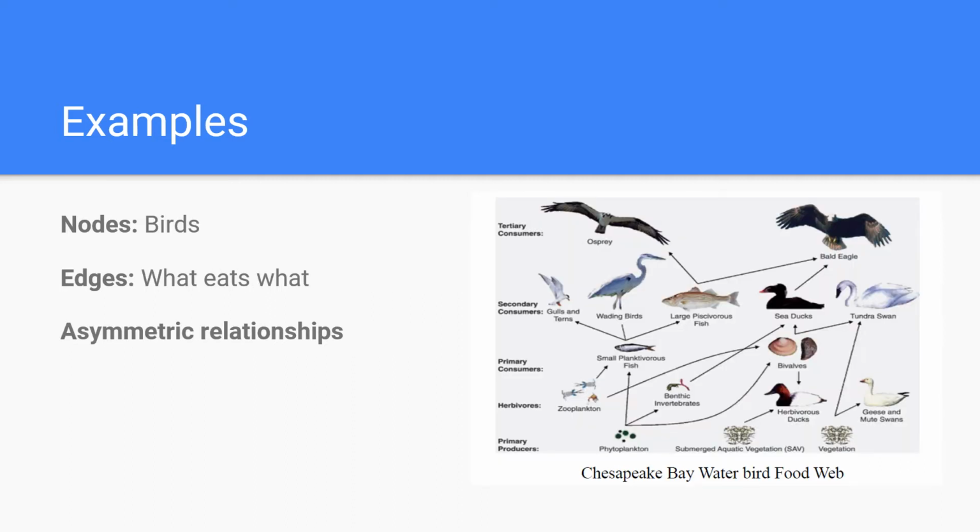Now, another kind of network are those which have an asymmetric relationship. Here is an example of a food chain in a lake. So here the birds are the nodes, and the fish are also nodes. We users do not choose the connections, the nodes choose themselves.